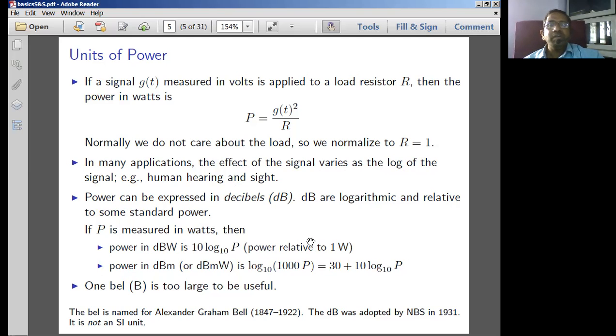Now, what is the benefit of logarithmic scale? The benefit of logarithmic scale is that if the value is too small, even then we can represent that value reasonably. Practically, we can show that value with reasonable parameters. So if the signal value is very small, in terms of milliwatts or less than milliwatts, we can represent them by using a dBm scale.